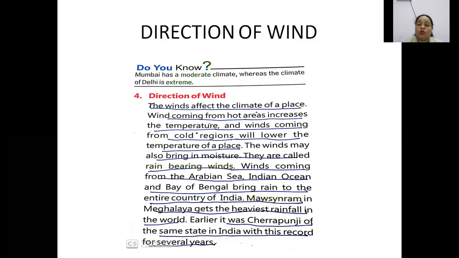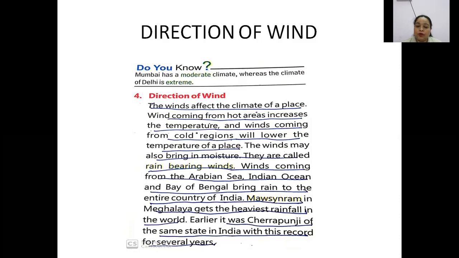Understood? So winds blowing from the hotter areas increase the temperature, and winds blowing over the colder areas lower the temperature of a place.